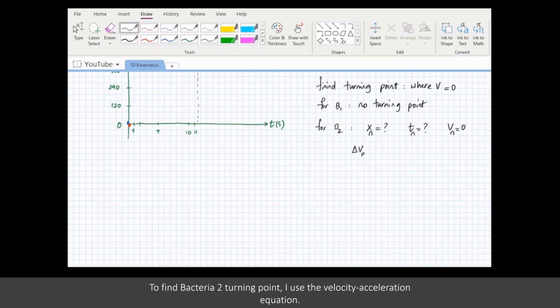To find bacteria 2 turning point, I use the velocity acceleration equation.